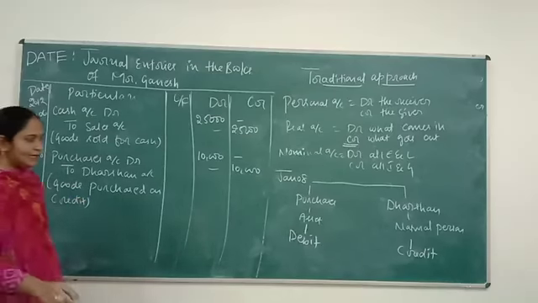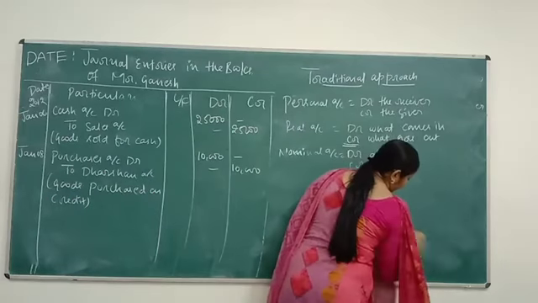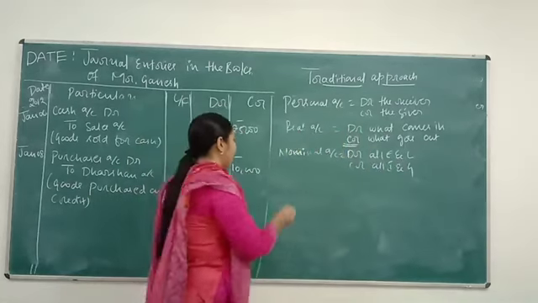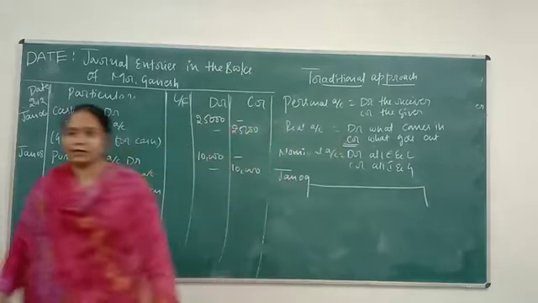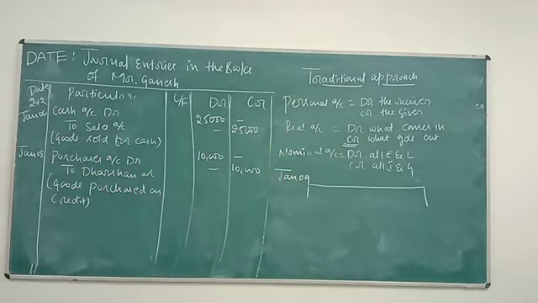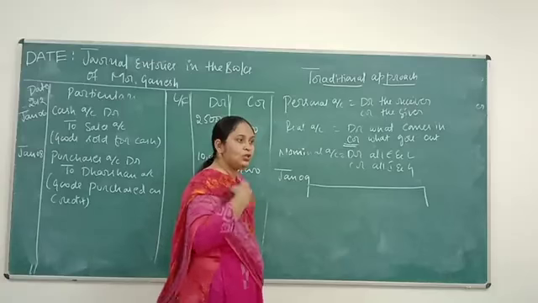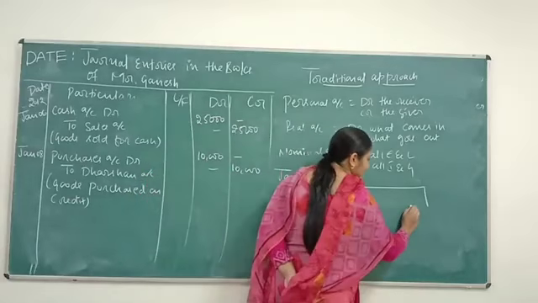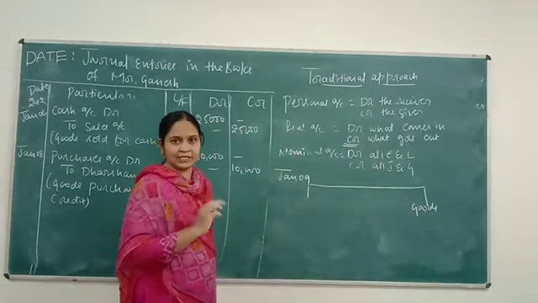So moving on to the next journal entry. January 9, sold goods to Sudeep on credit. The business is selling goods to Sudeep on credit. We are not selling goods for cash here.